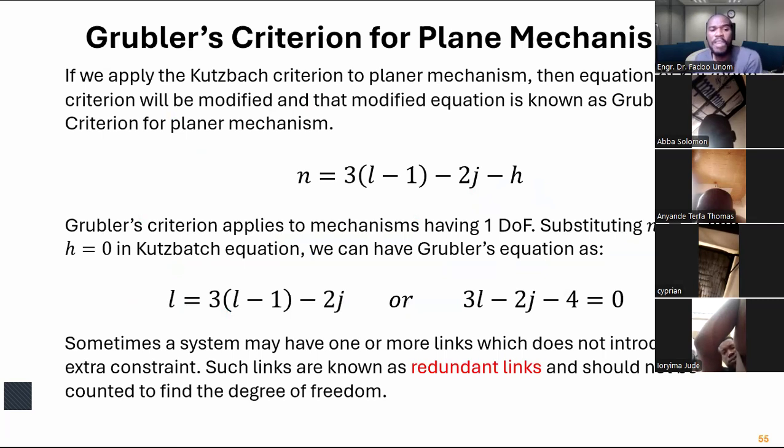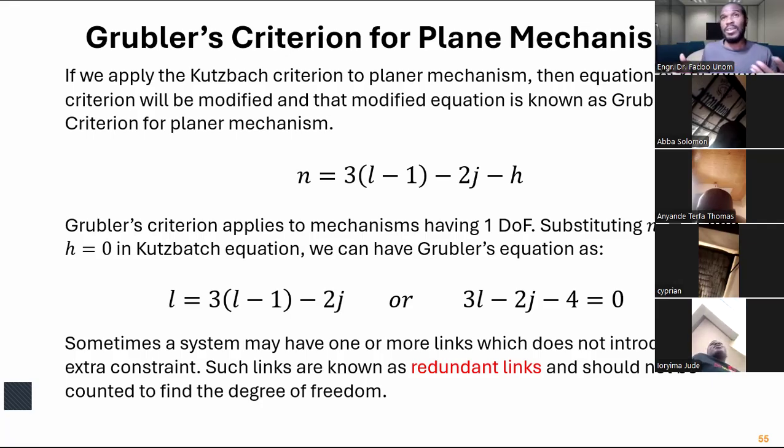If you apply the Kutzbach criterion to a planar mechanism, a mechanism that only moves on a plane, so the motion of that mechanism is constrained to a plane and is not 3-dimensional, then you can modify the Kutzbach criterion to become a criterion called Grübler's.